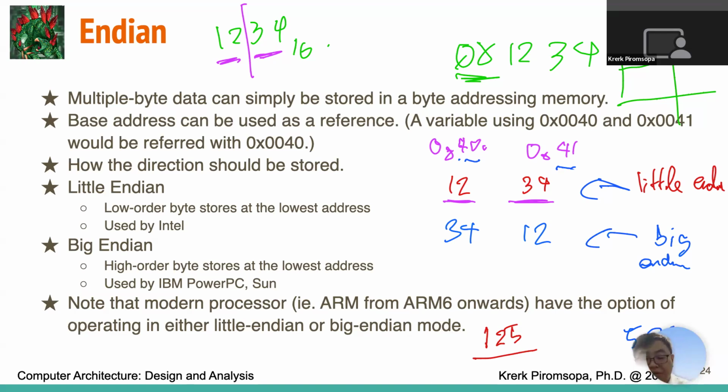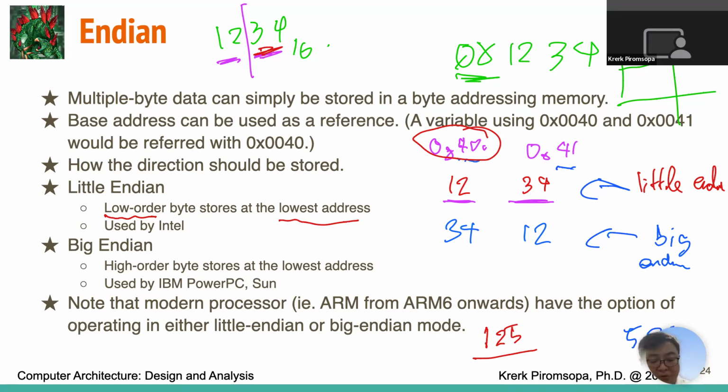One way to remember is that little endian means the low order byte stays at the low address. So this is the lower order byte, least significant. You understand the terms least significant and most significant, right? Least significant stays at the lower address. Higher significance stays at the higher address.